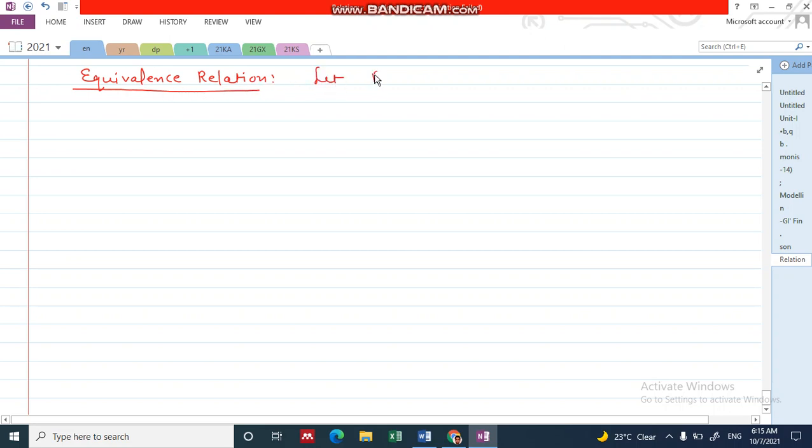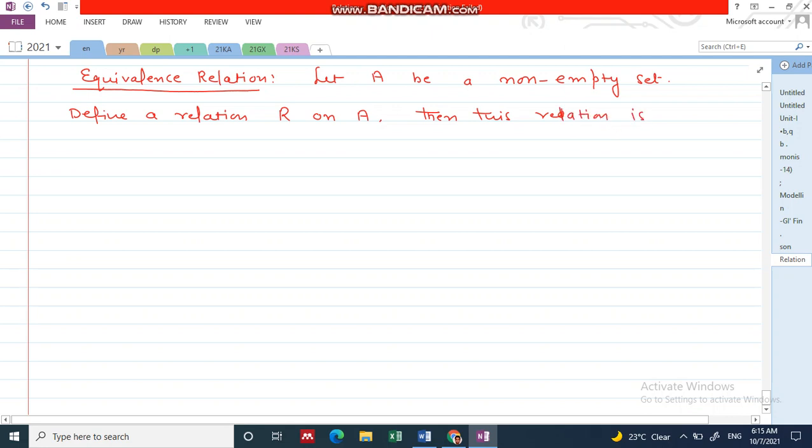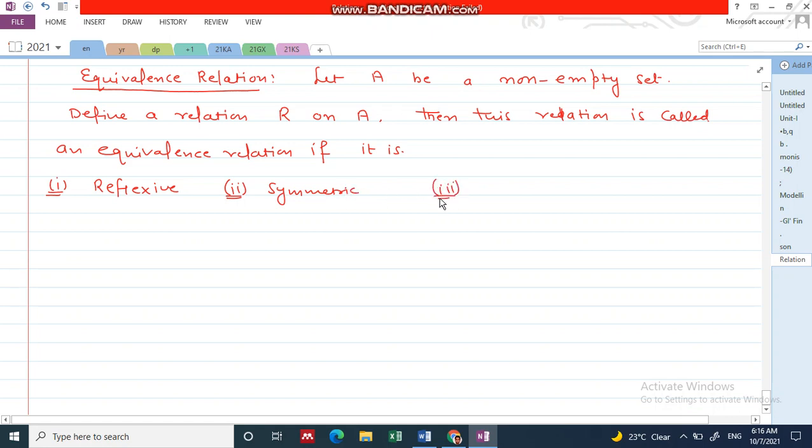Let capital A be a non-empty set. Define a relation R on A. Then this relation is called an equivalence relation if it is number one, reflexive, number two, symmetric, number three, transitive.